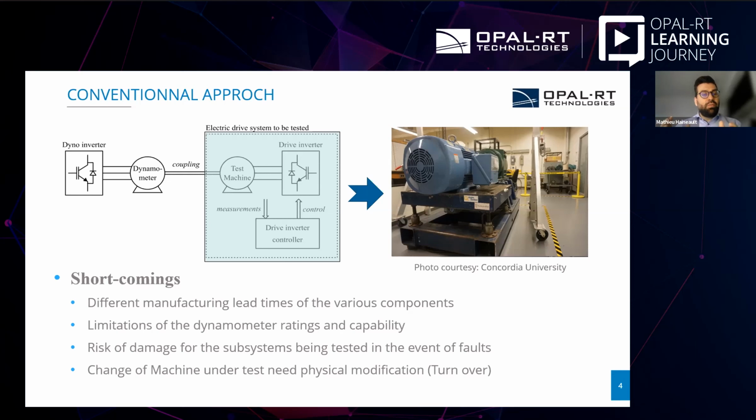The challenge is that you have a lot of mechanical components. The dyno is really expensive to operate as well. It has mechanical movement, so it's prone to break in some cases, and it has limited capability to execute some faults in the systems. Also, the turnover to change to a different setup might be really long and not cost efficient.